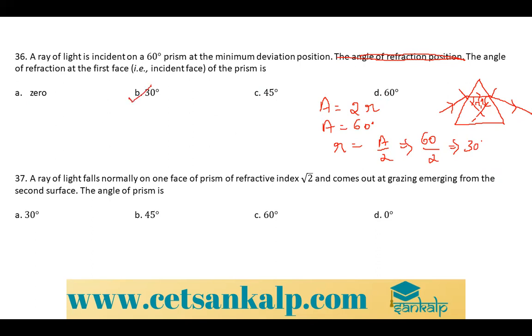Did you understand? They have given it themselves. A ray of light is incident on a 60-degree prism, and the angle of prism is 60 degrees.